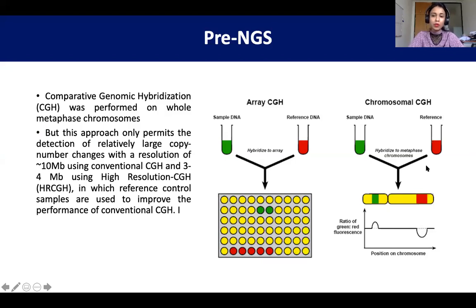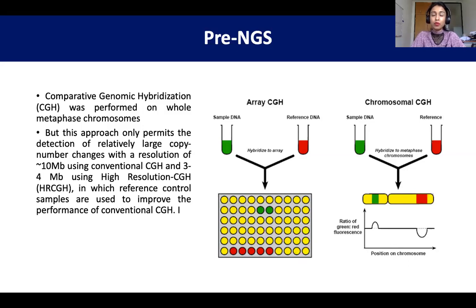You allow it to hybridize to metaphase chromosomes and you look at the intensity. This is very similar to your DNA hybridization technique that I mentioned earlier. The only downside of this approach is that it only permits detection of very large chromosomal or copy number changes with a resolution of 10 MB using conventional methods.